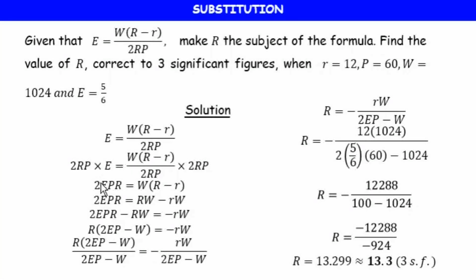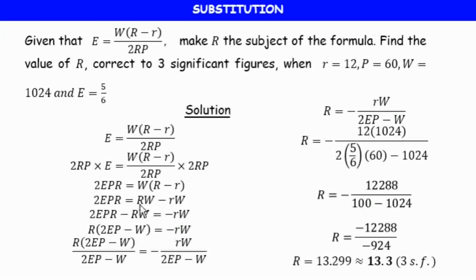Right. So you're going to have 2RP times E giving you 2EPR is equal to capital W into bracket capital R minus small r. We expand the bracket: capital R times capital W minus small r times capital W. Now we want to make capital R the subject, so we group all the R's at one side.